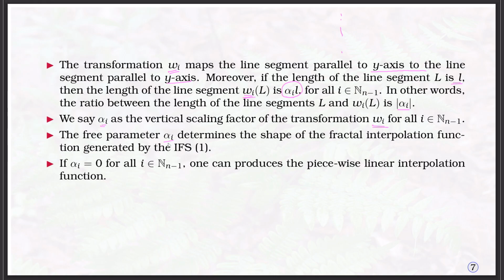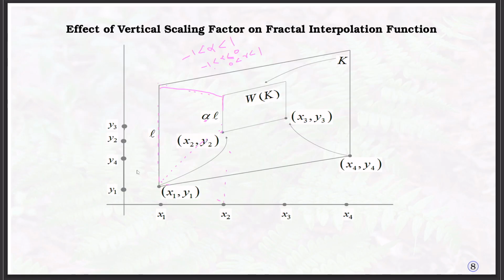The free parameter alpha i determines the shape of the fractal interpolation function generated by the IFS given in 1. If alpha is 0, one can produce the piecewise linear fractal interpolation function, so we call fractal interpolation the generalized case of the classical interpolation function. Now the role of alpha is explained here.